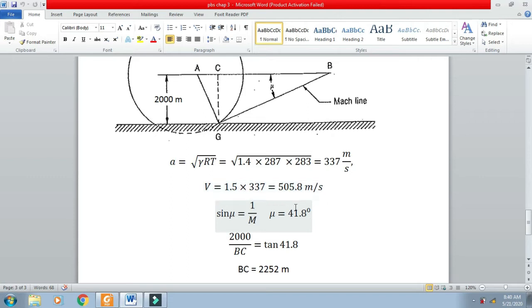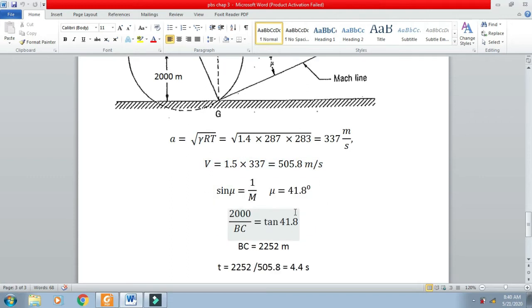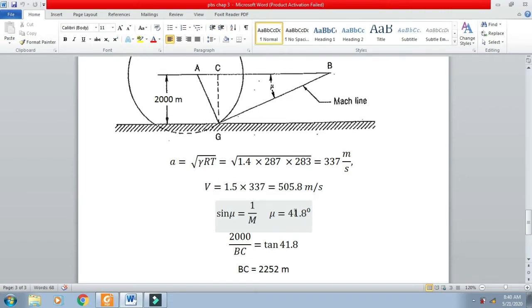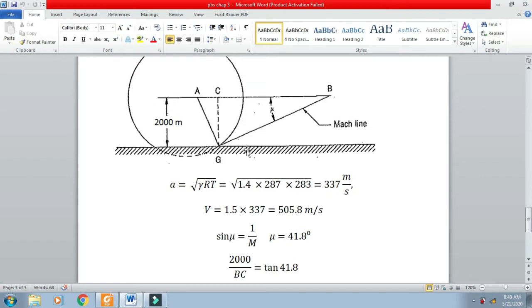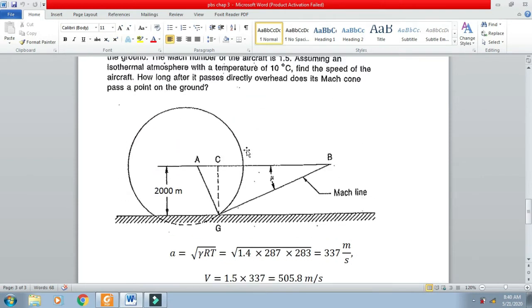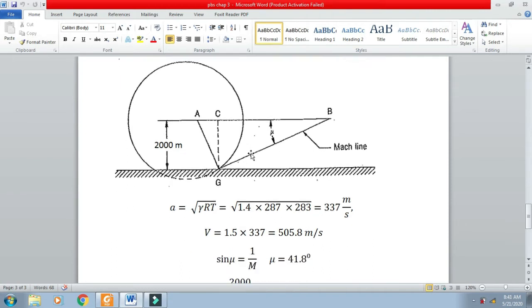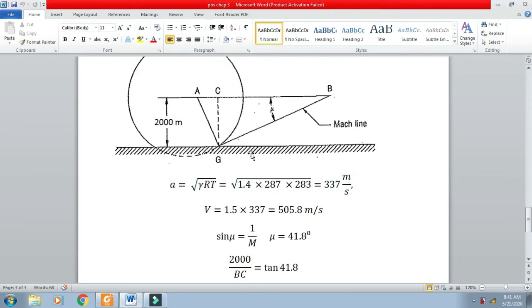So after getting the Mach angle, we can solve the triangle. The angle is 41.8. We have to basically find the distance ahead of the observer in the horizontal direction, after which the wavefront from A passes through G. So CB is the distance, C is the point directly above the observer, and CB is the distance which the plane has travelled directly ahead of the observer.